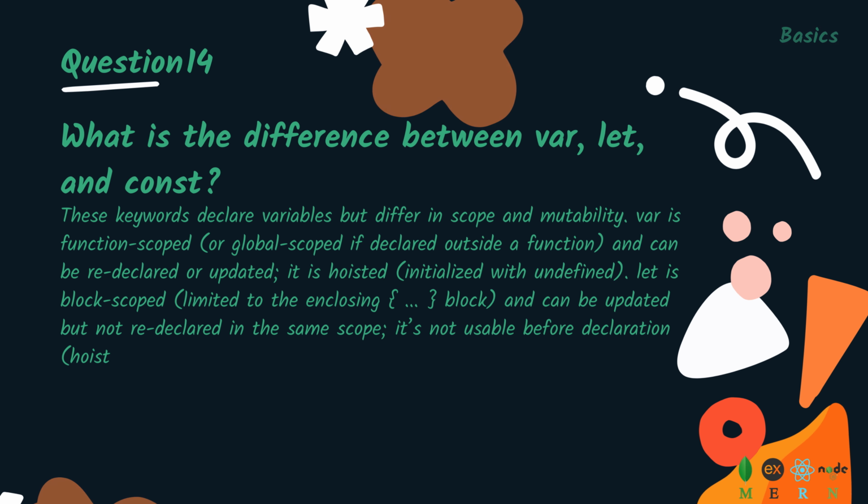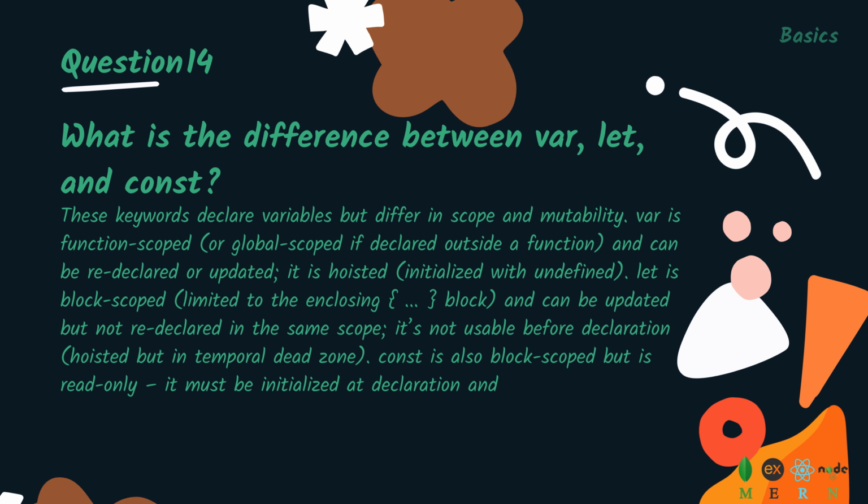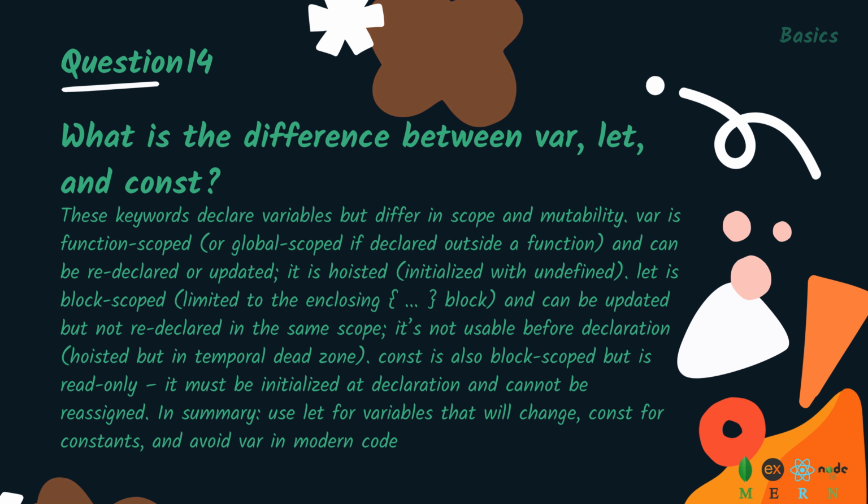It's not usable before declaration, hoisted but in the temporal dead zone. Const is also block scoped but is read only. It must be initialized at declaration and cannot be reassigned. In summary, use let for variables that will change, const for constants, and avoid var in modern code unless necessary for legacy reasons.